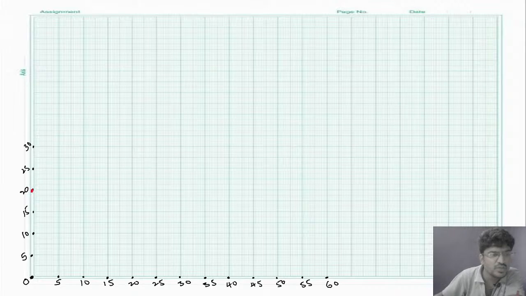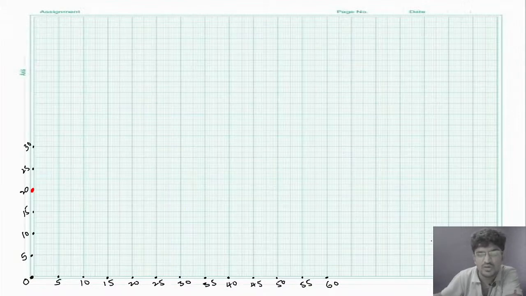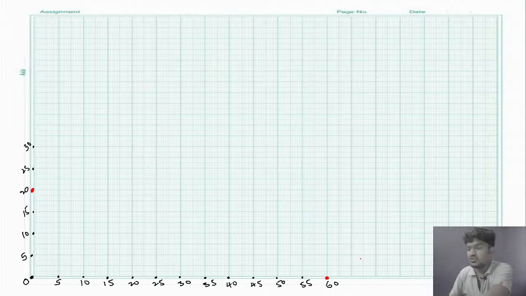This is going to be the point. Another point is x is 60, y is 0. We have to draw the line here.